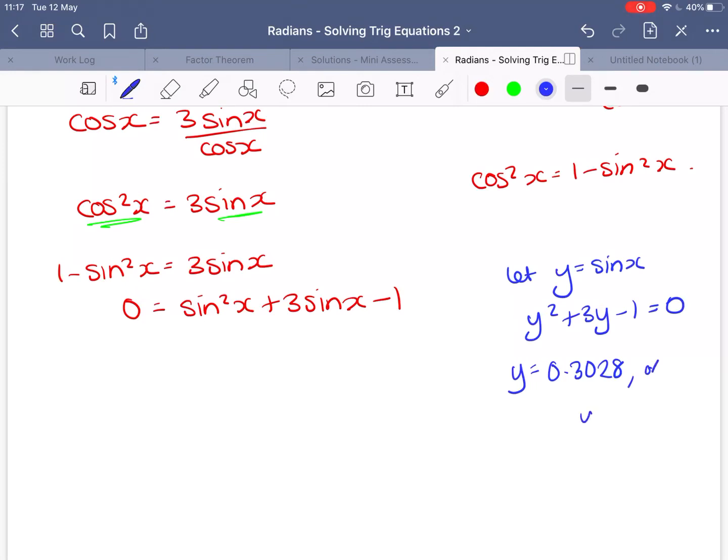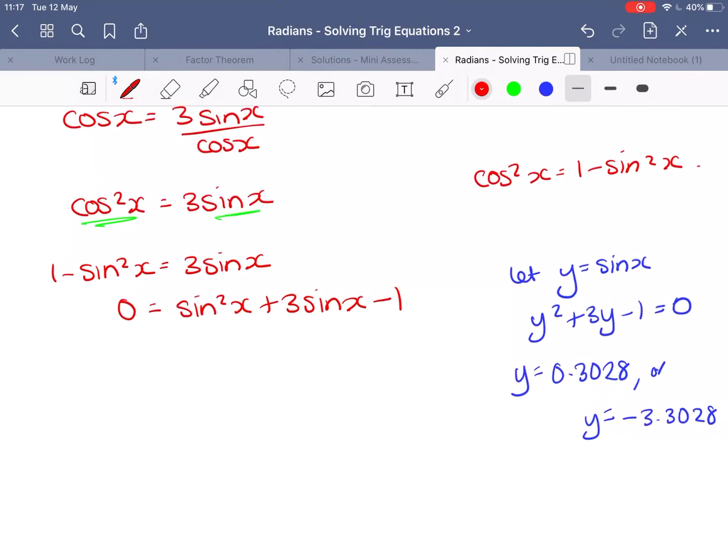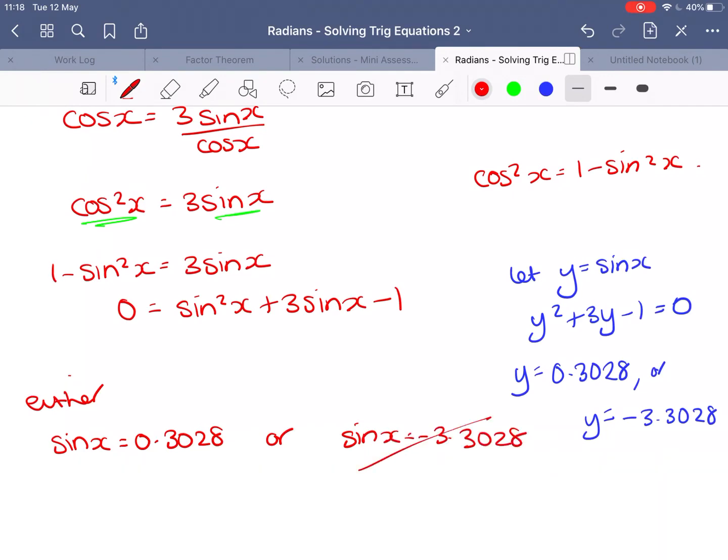Or y is equal to minus 3.3028. Okay, so going back to our sine, that means either sine x equals 0.3028 or sine x equals minus 3.3028. Well, again, we know sine only goes between minus 1 and 1. So that has got no solutions, but we have to write it.